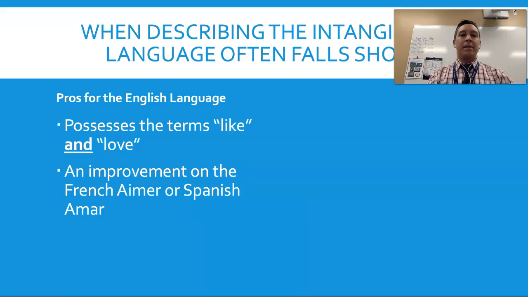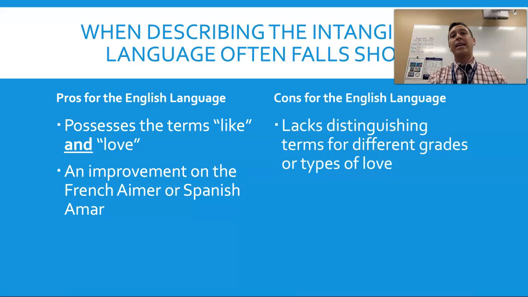And so the English language has the pros of at least having two ways of expressing it, whereas it also doesn't have a way of distinguishing different grades of love. Once you go from like to love, there's no further way of distinguishing. So that's one of the cons of the English language.